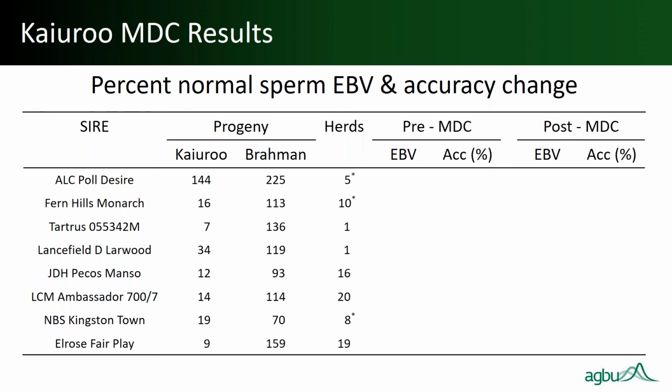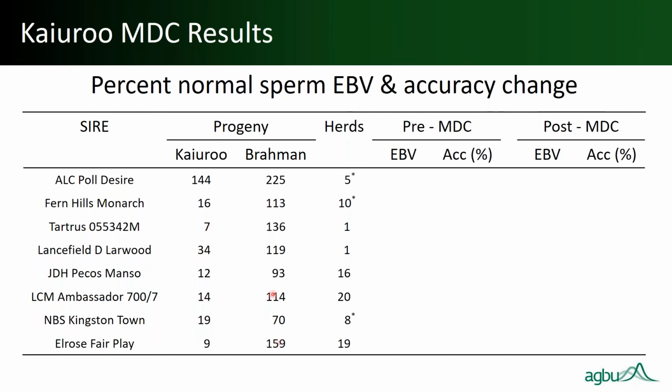So numbers wise, for this selection of bulls, and for people familiar with the Brahman industry, some of these herds will look familiar. We evaluated, at the top of the list, almost 150 young bulls who are progeny of this Alf Collins Pole Desire bull, but lower numbers as we go down the list, around 10, 20, 30 animals.